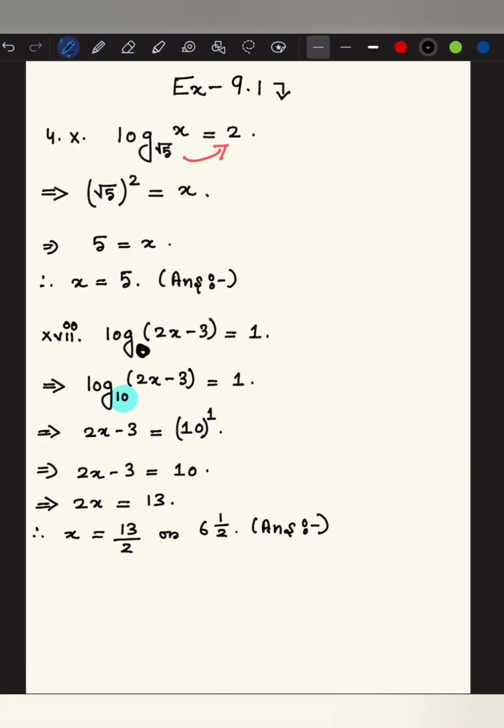So log of 2x minus 3 base 10 is equals to 1, which implies 2x minus 3 will be equals to what? 10 to the power 1. Okay, I have just converted this into exponential form. So 2x minus 3 equals to 10. Therefore 2x equals to what? Minus 3 goes to the other side and it becomes plus 3. So it comes up to be 10 plus 3, that is 13. Therefore 2x equals to 13. Therefore x equals to 13 by 2 or 6 whole 1 by 2. That will be our answer. Got it?